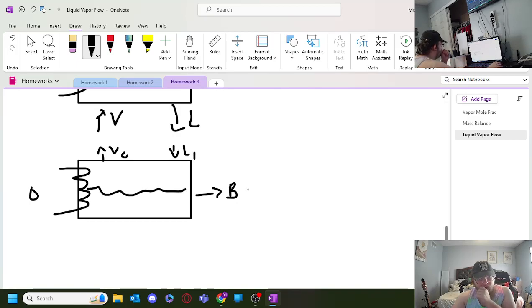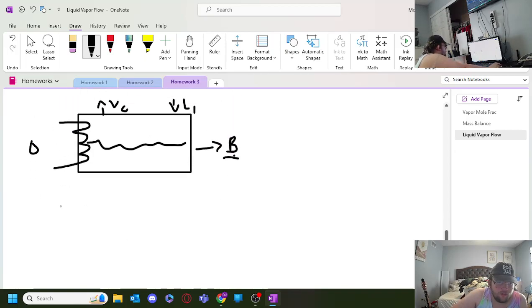Alright, so to get our bottoms flow right here, to figure this out, what we got to do is first we have to go back to that original mass balance equation. Just B is equal to the feed minus the distillate.